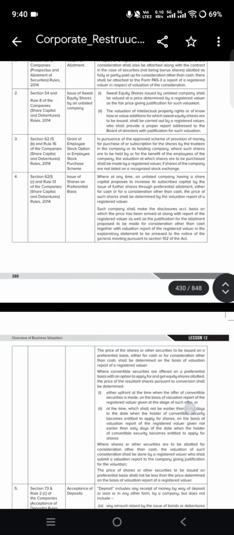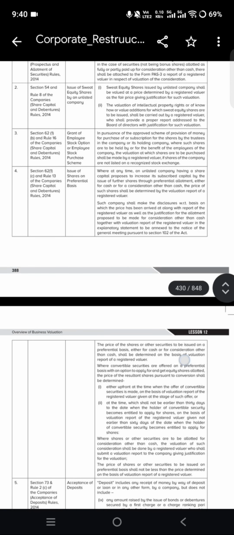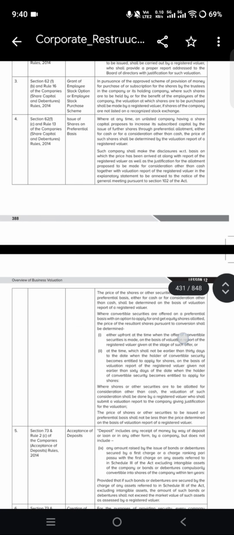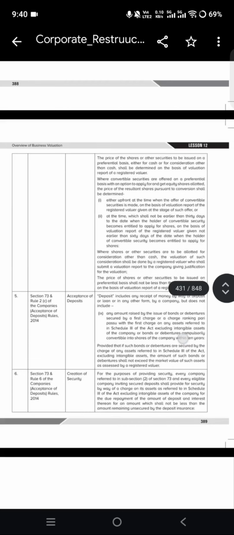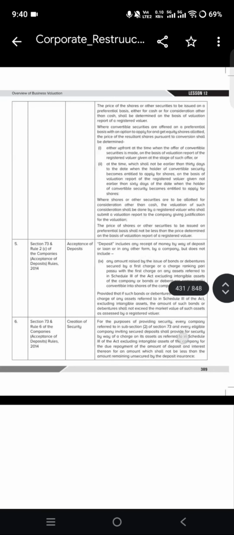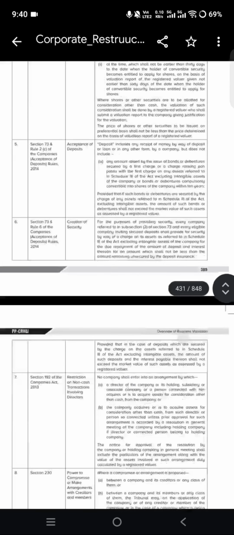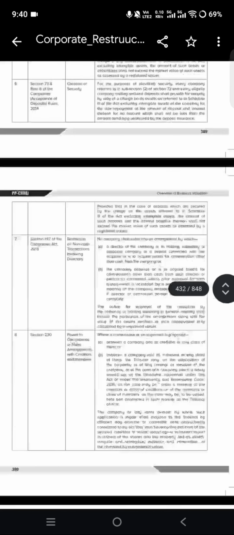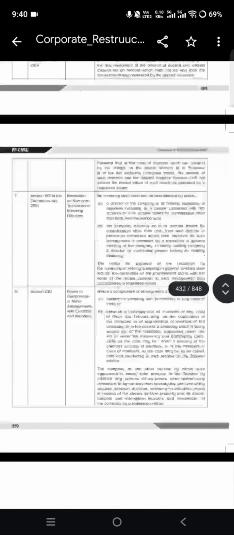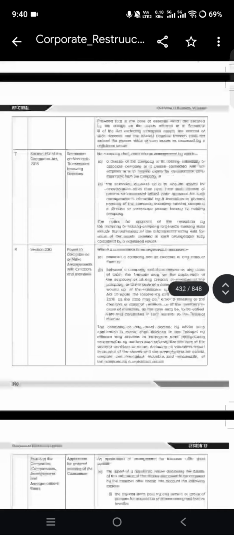The average of volume weighted average price of the related equity shares quoted on recognized stock exchange during the period the equity shares have been listed preceding the relevant date. Here it is less than 90 days and how many is not known, so however many days there are, that many days. Next, the average of 10 trading days volume weighted average price of the related equity shares quoted on a recognized stock exchange during the 2 weeks preceding the relevant date.